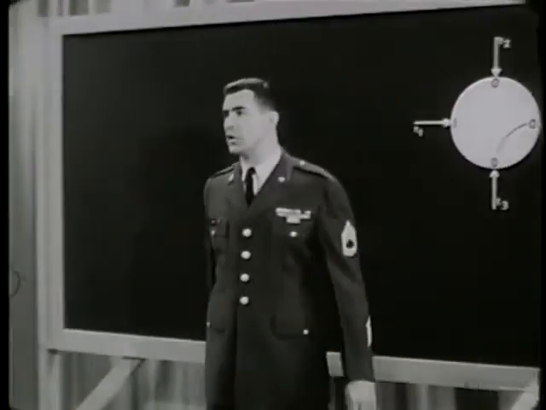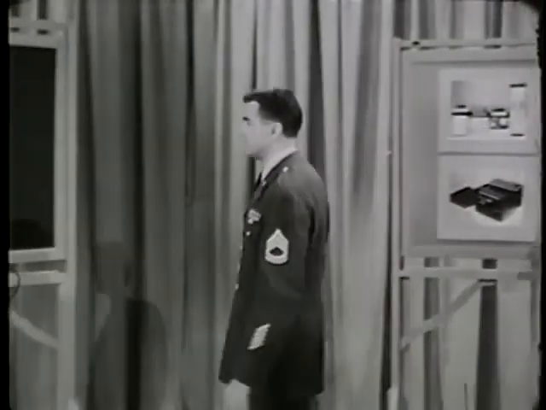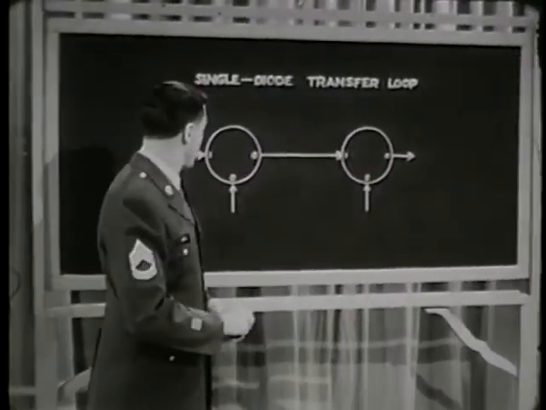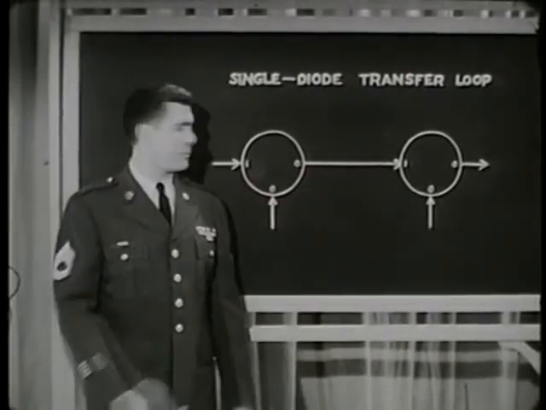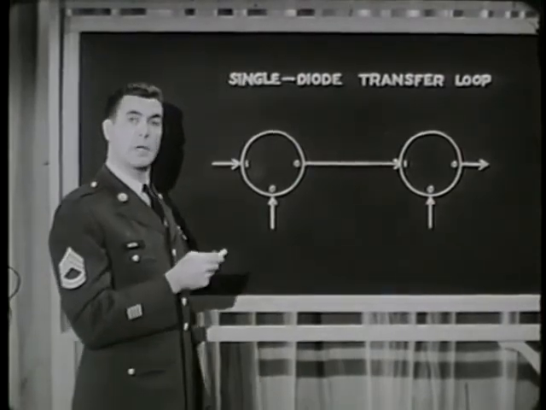Now let's take another look at the logical diagram of the single-diode transfer loop. It gives us the whole story very quickly. An input pulse sets the first core to binary 1, unless it's there already.